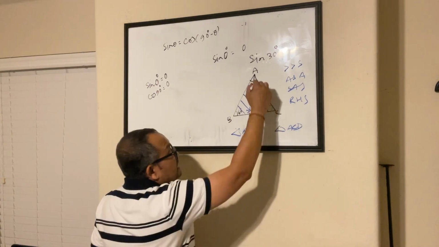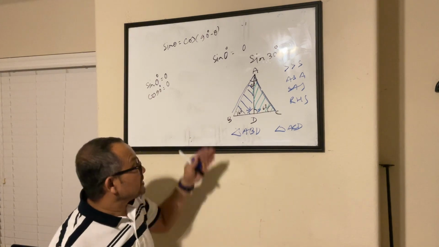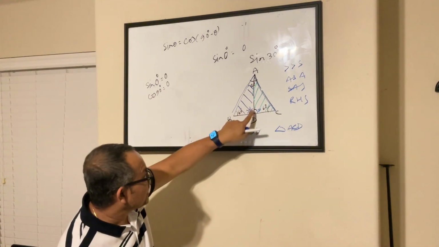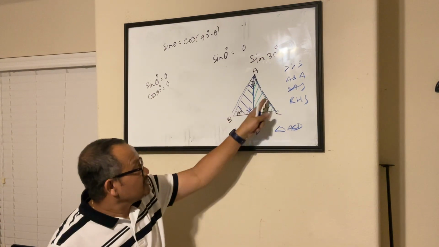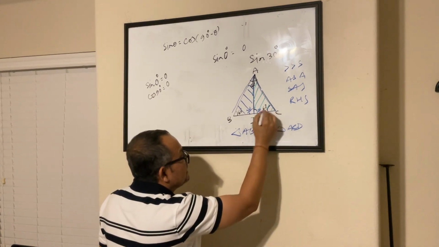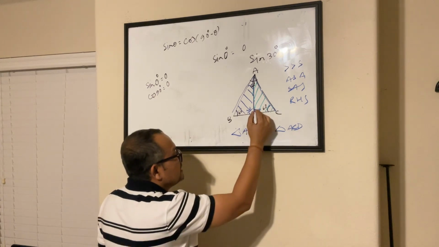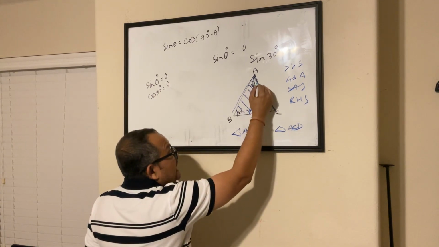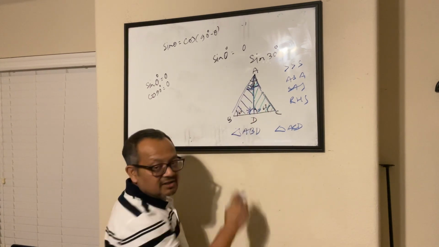This side and this side are the same because they were part of the original equilateral triangle, so the hypotenuses match. And this side is common. So these two triangles are congruent. This angle matches because it was part of the original equilateral triangle, this angle matches because both are 90 degree, and this angle and this angle will also match because both are 30 degree.